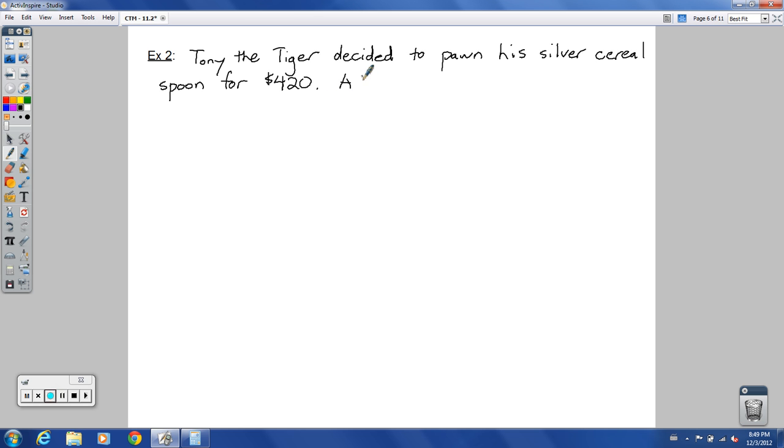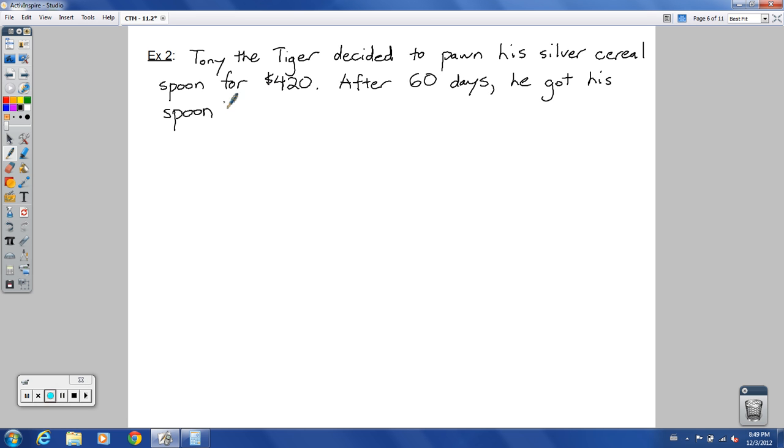After 60 days, he was able to scrounge up some money. He got his spoon back, his beloved spoon that you see on all those Frosted Flakes boxes.